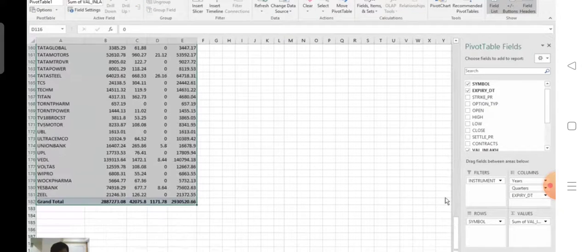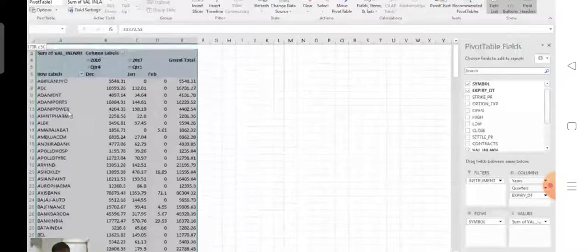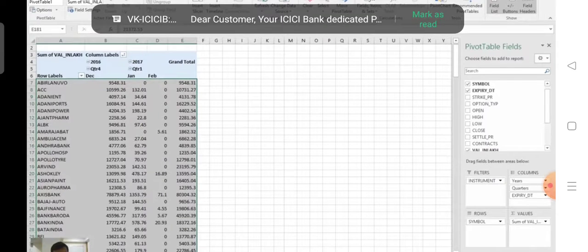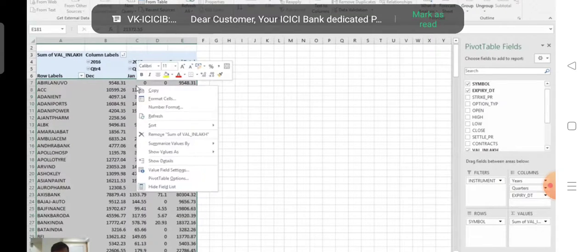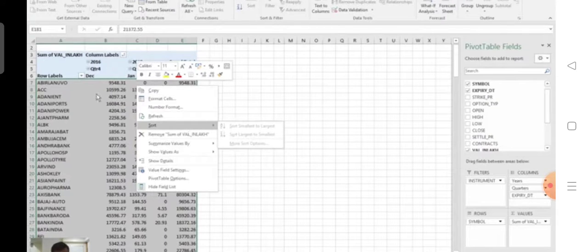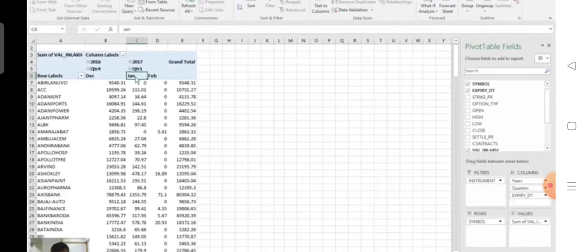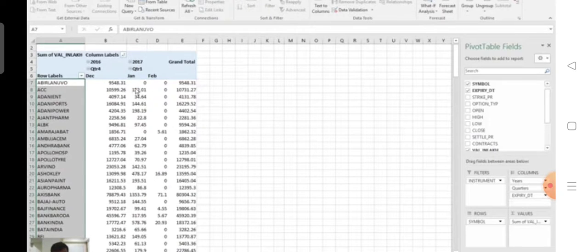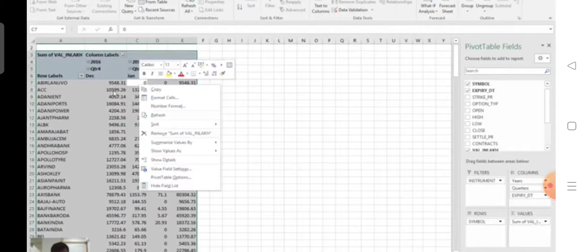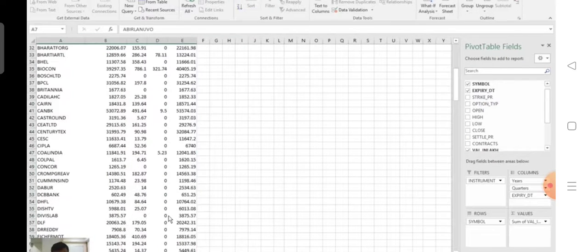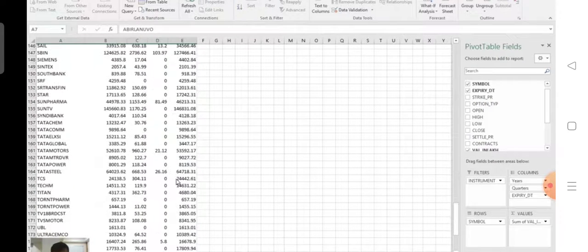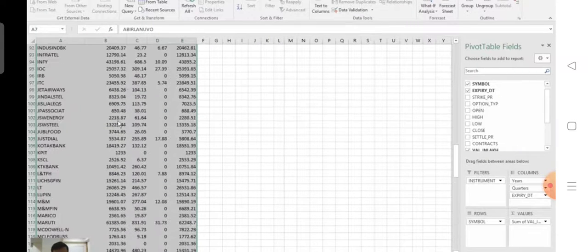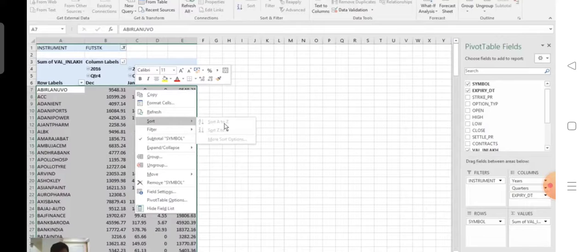So I can just select this. Let me select the data points and let me data sort it. Let me sort it on the basis of this data.